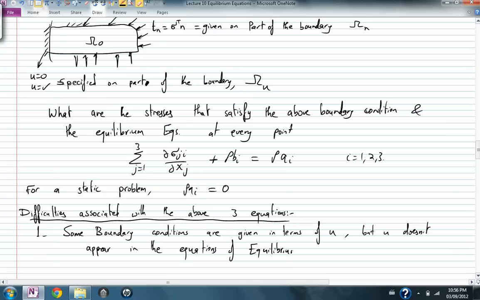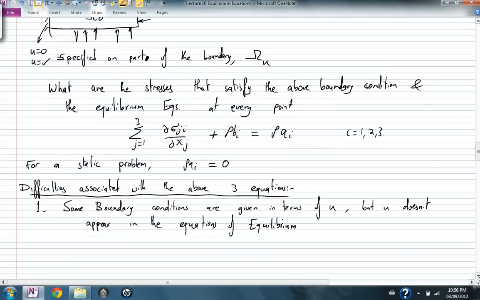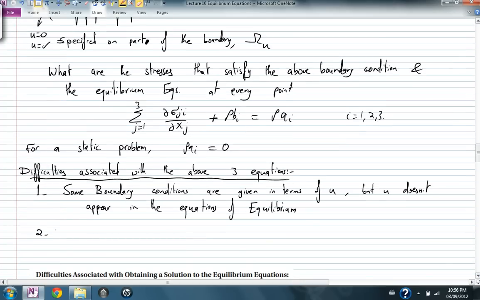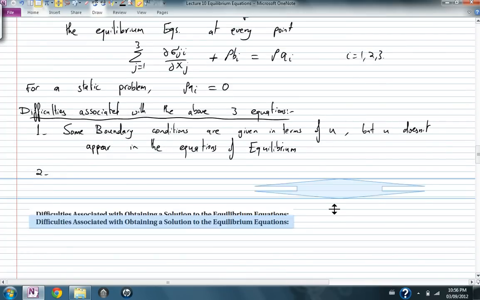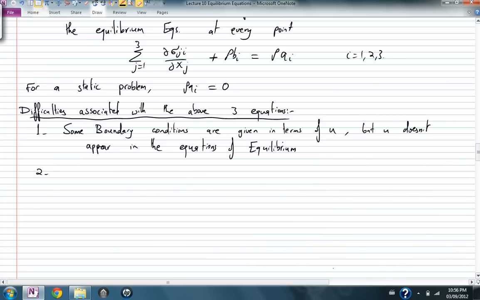And the other difficulty is we have three equations to find 6 unknown stress components.